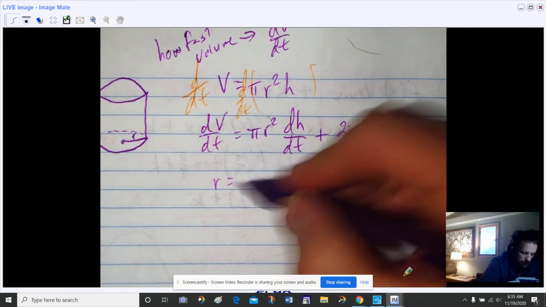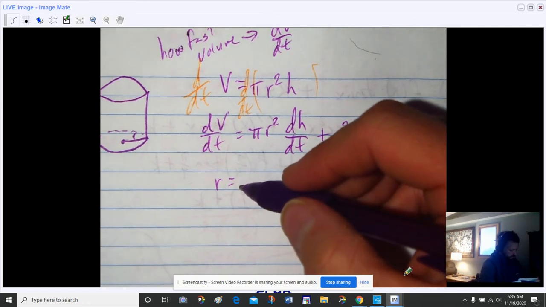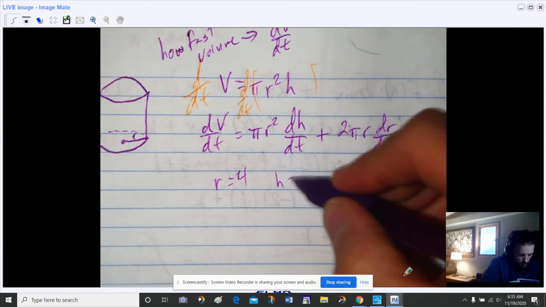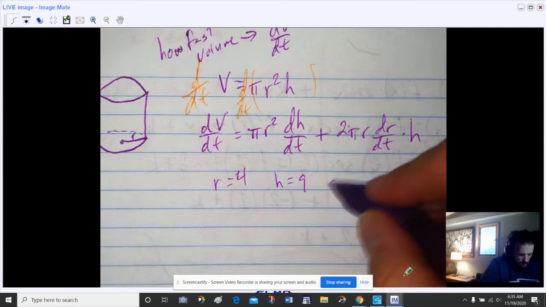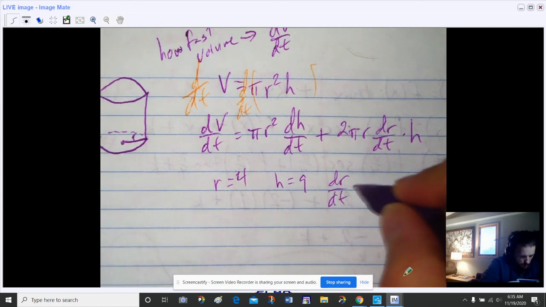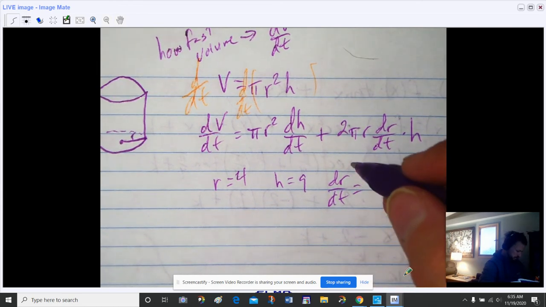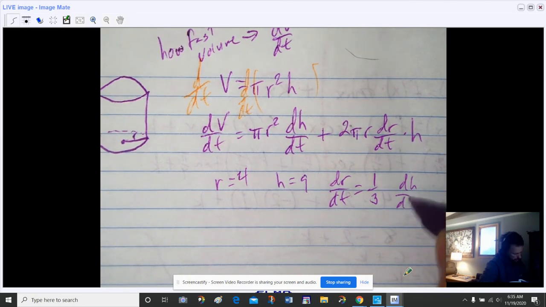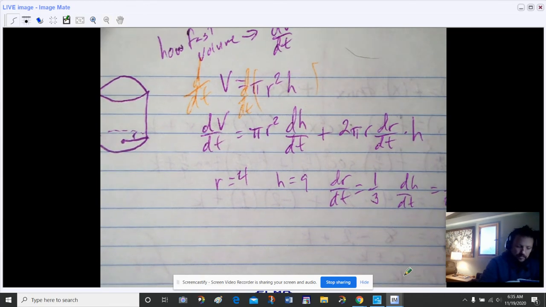And we're told that r is 4, h is 9, dr over dt was 1/3, dh over dt is 1/2.